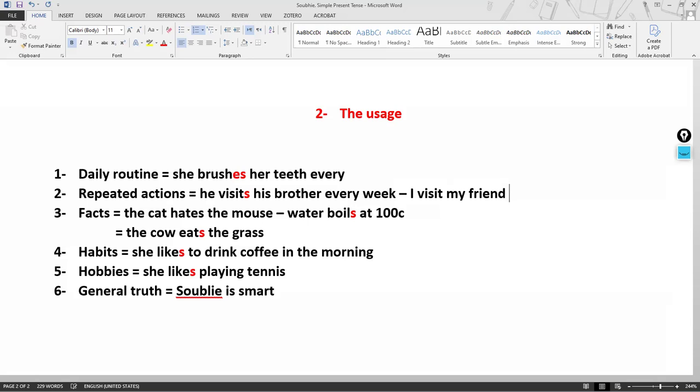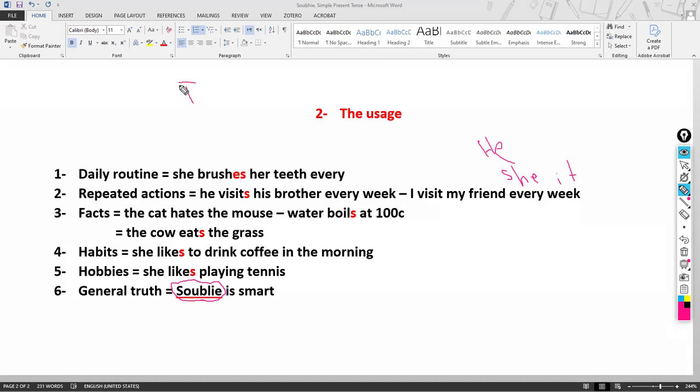This is for all verbs, and this is true even for facts: with all verbs with he, she, it, we add S. Exactly. Even with facts, Subhi. So please be careful because this rule could be applied only with he, she, it, and singular nouns.